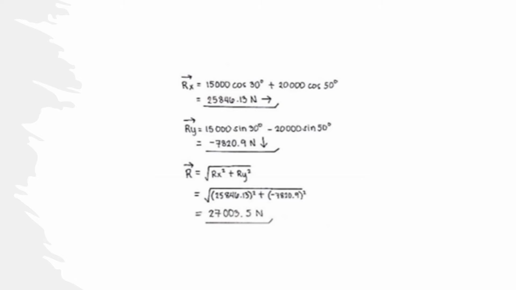And Ry is equal to 15,000 sine 30 minus 20,000 sine 50, which is equal to negative 7,820.9 newtons.